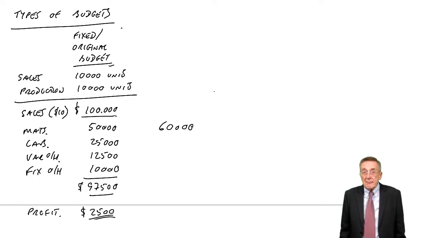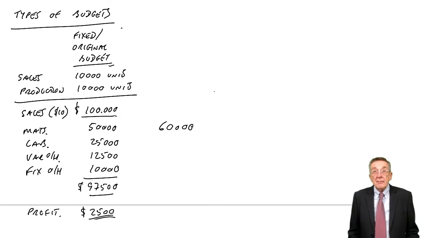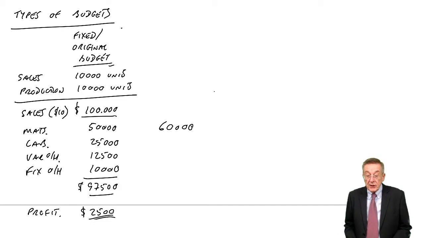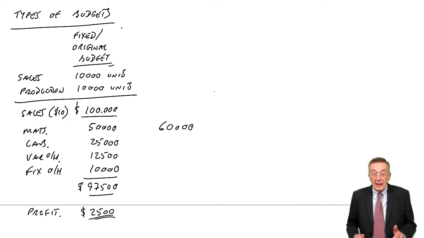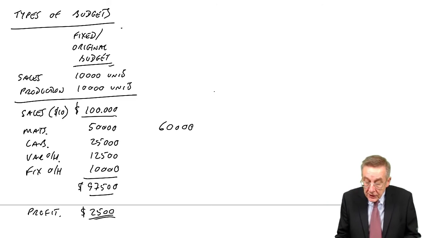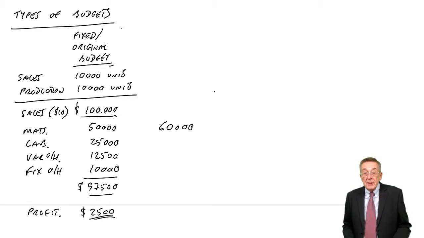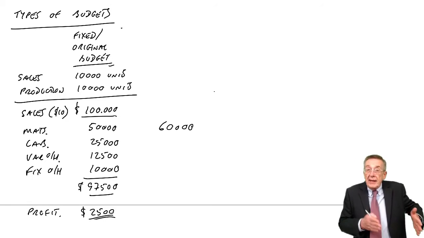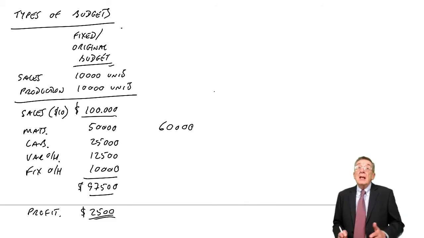Of course it isn't. But as a result, it would be ridiculously unfair to compare the 60,000 we actually spent with the 50 that was in the budget. And if we want to make a sensible comparison, we should work out, given that we produced more units, how much then would we have expected to spend, and then compare that with what we actually spent.